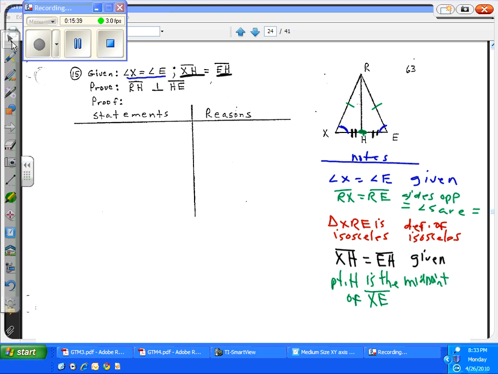I can say that because XH is equal to EH, and the definition of a midpoint says that the midpoint of a segment is the point that divides a segment into two equal segments. And so my reason for saying it's a midpoint would be the definition of a midpoint.